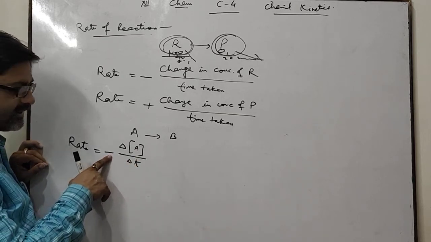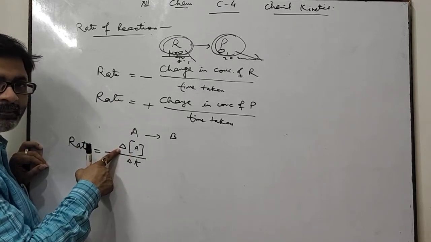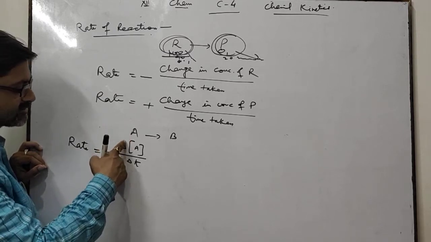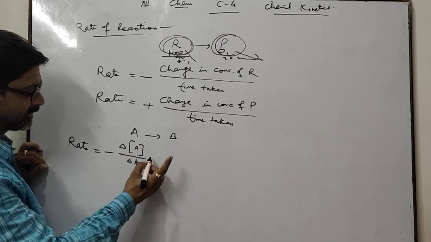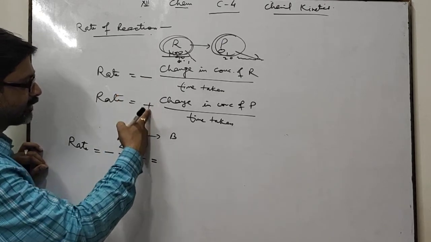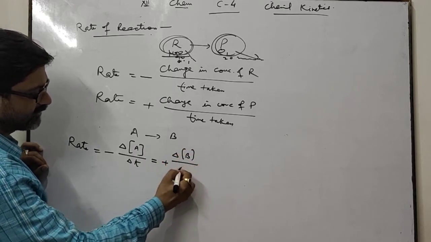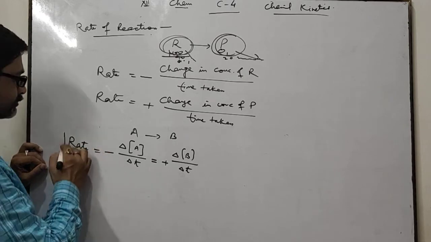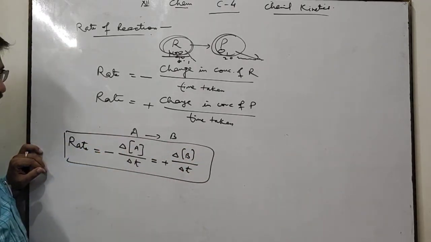The minus sign indicates that this is continuously decreasing. This delta shows the change in concentration of the reactant upon delta T, the time taken. That is equal to plus change in concentration of B upon delta T. This is the rate of reaction for this equation.